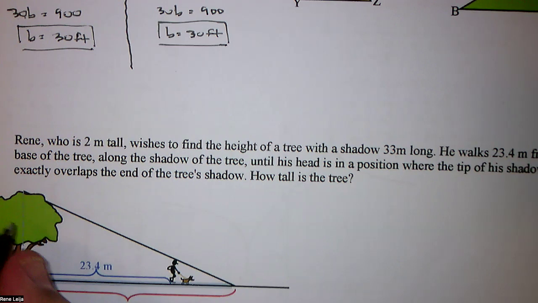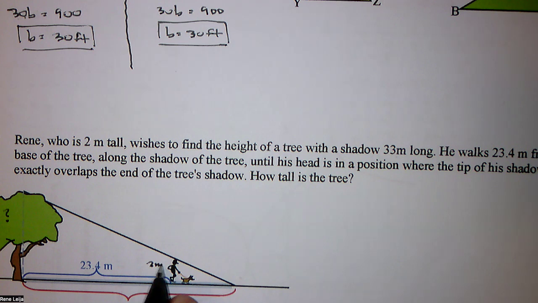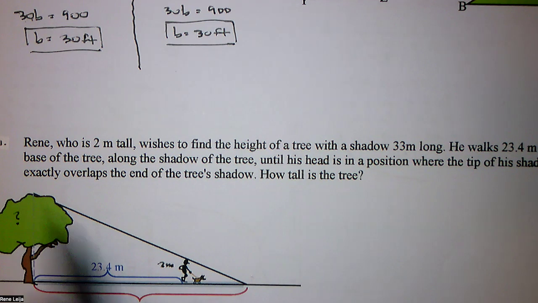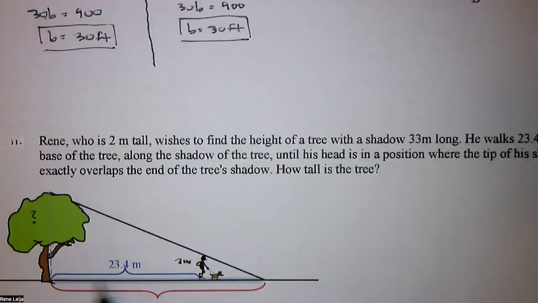Okay, so this is what we're looking for. We know that Renee is 2 meters tall. I know that the distance from the tree to the end of the shadow of the tree is 33 meters. He walked so far away from the tree to where the shadow from the top of his head aligned exactly with the end of the shadow from the tip of the tree.